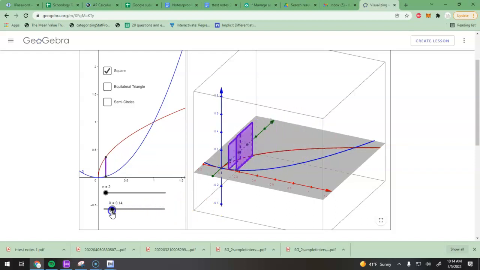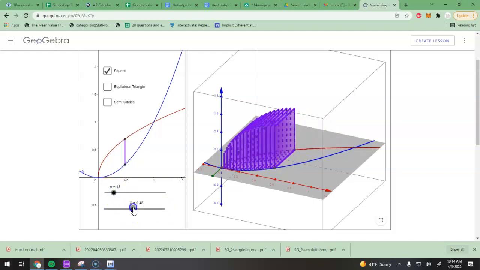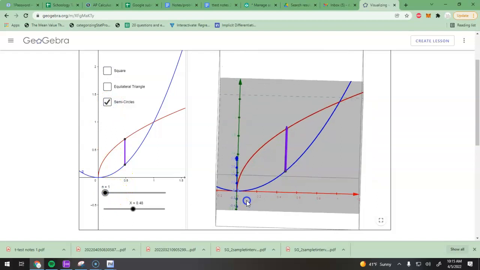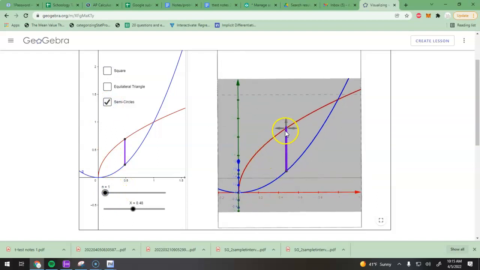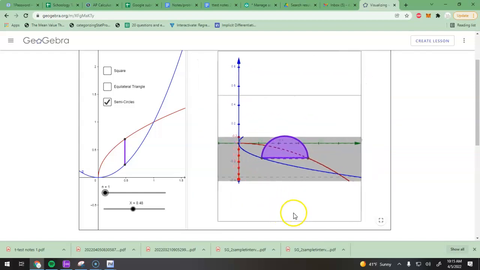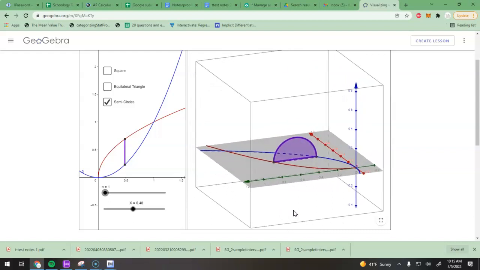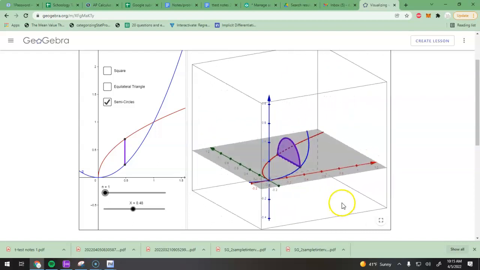So that's just showing you what the cross section looks like at different parts of the graph. I can move it over. They can be semicircles. So that's the cross section, a two-dimensional shape. Oh, that's cool. I didn't know it could do that.